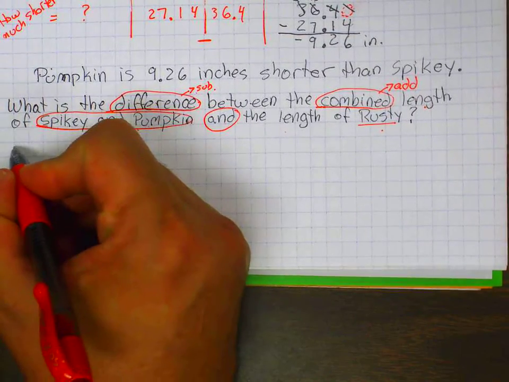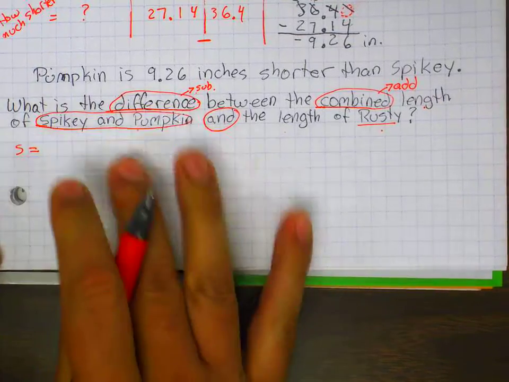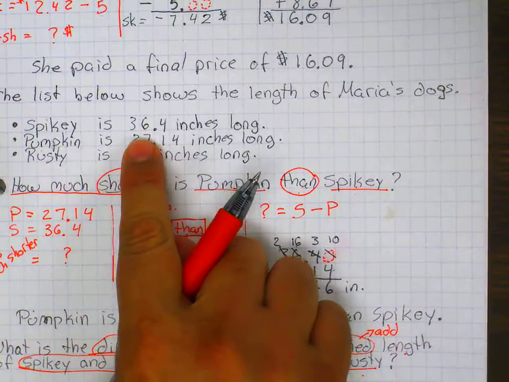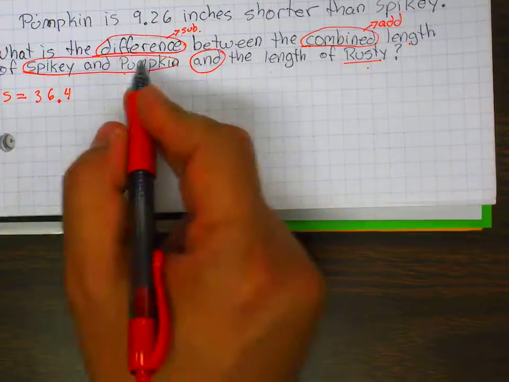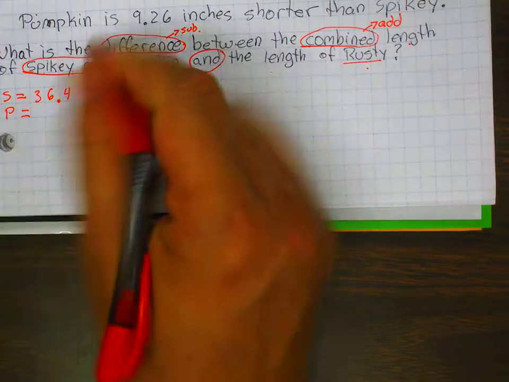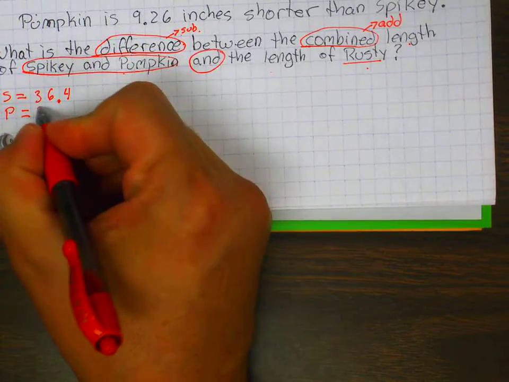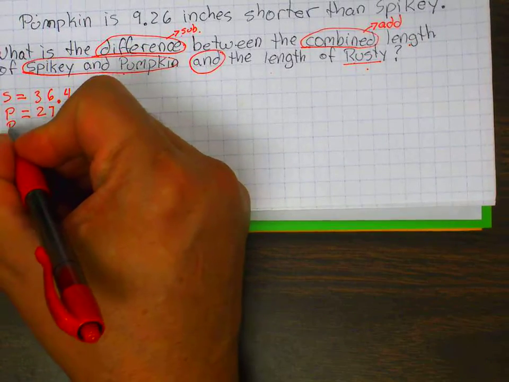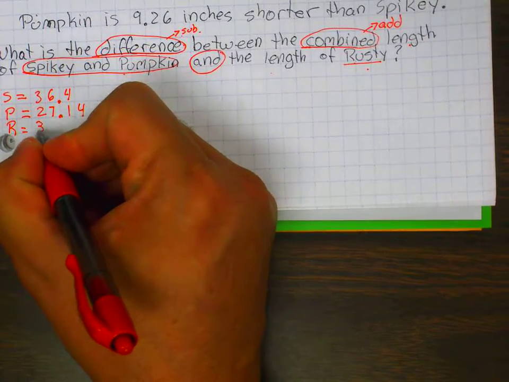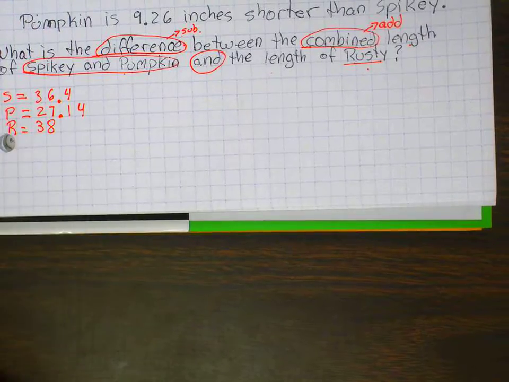Three measurements. Spiky, if I go back, I notice that it's 36 and 4/10. Pumpkin is 27, and Rusty is 38 inches long.